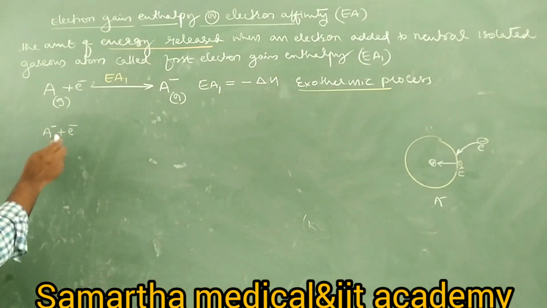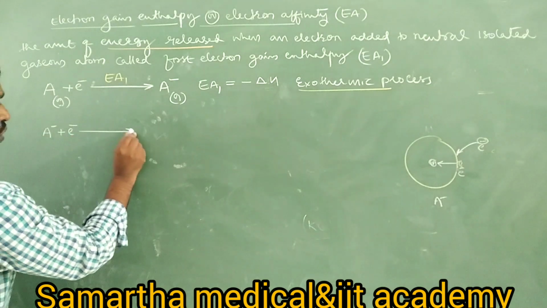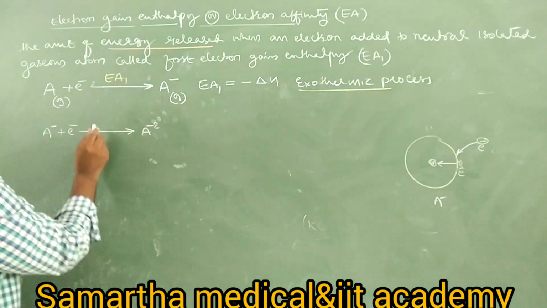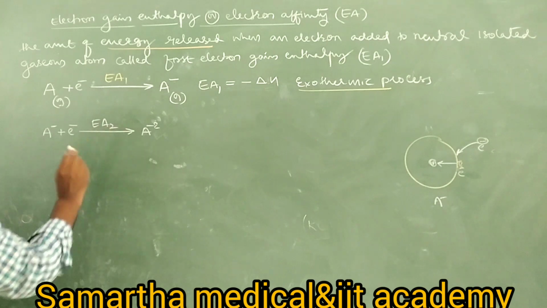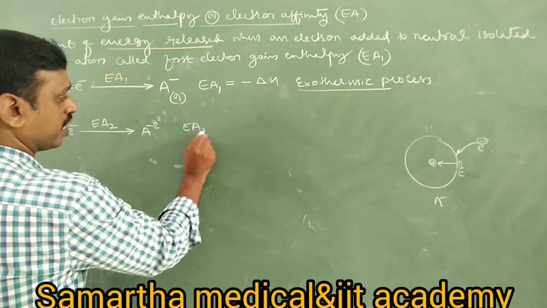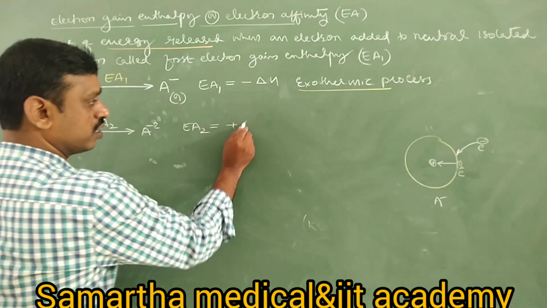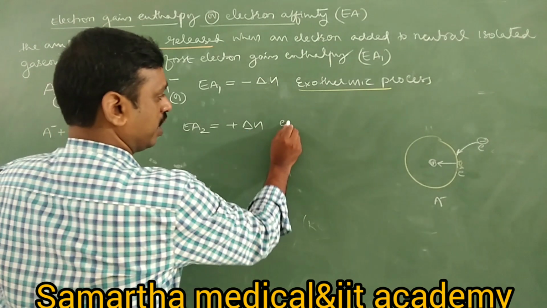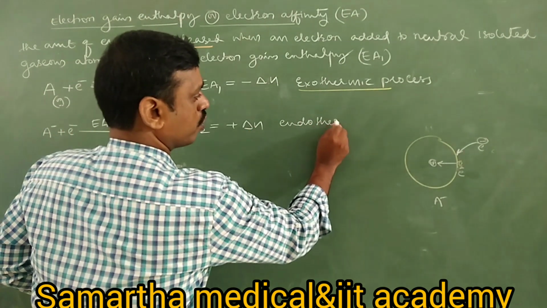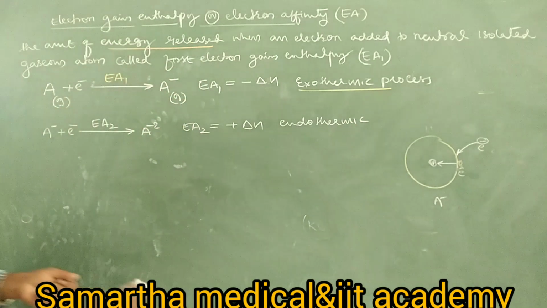So A minus plus an electron gives A minus 2. It is EA2. Tell me, this EA2 is endothermic, delta H is positive. Therefore, how do you define second electron gain enthalpy?